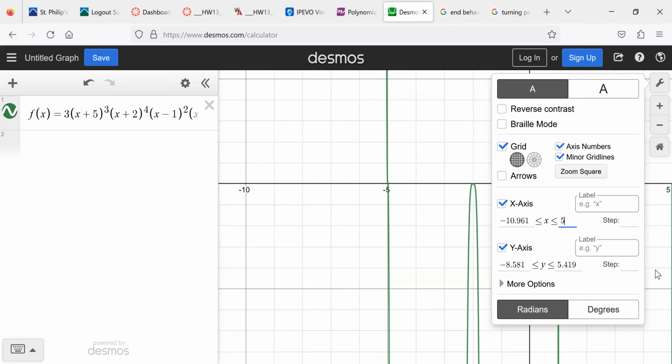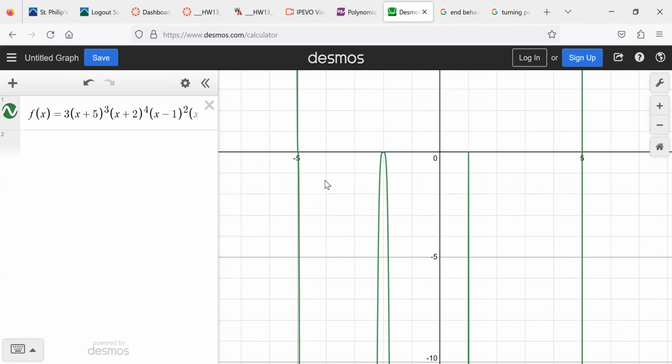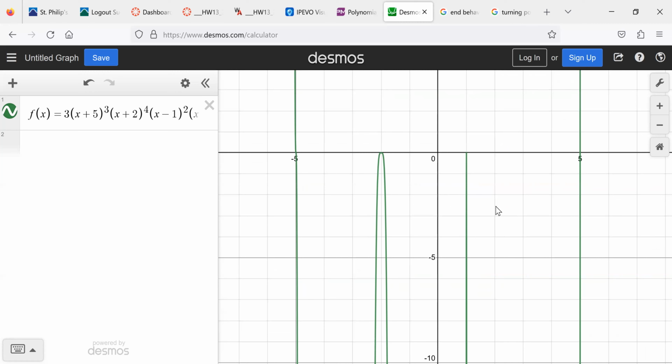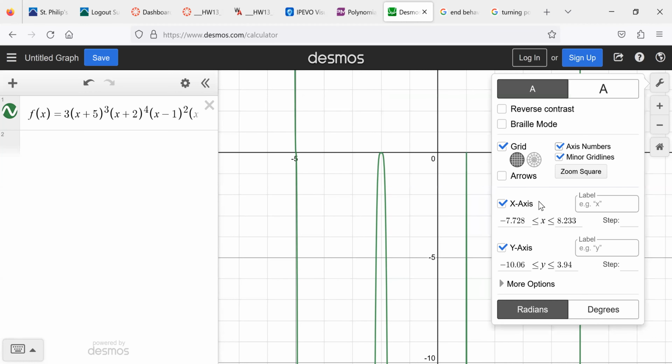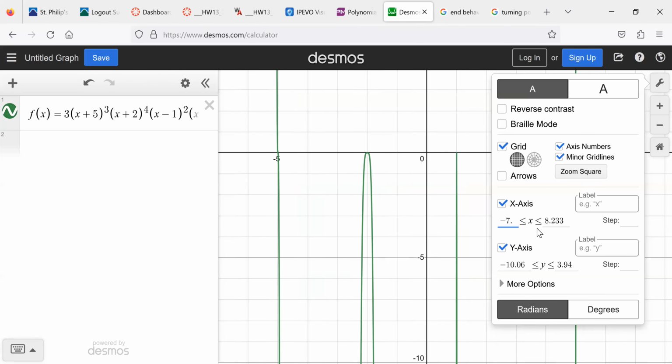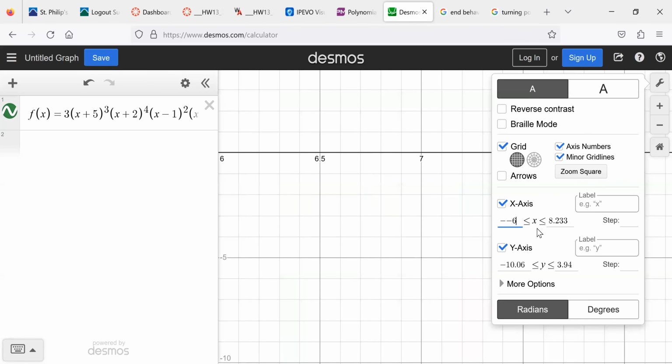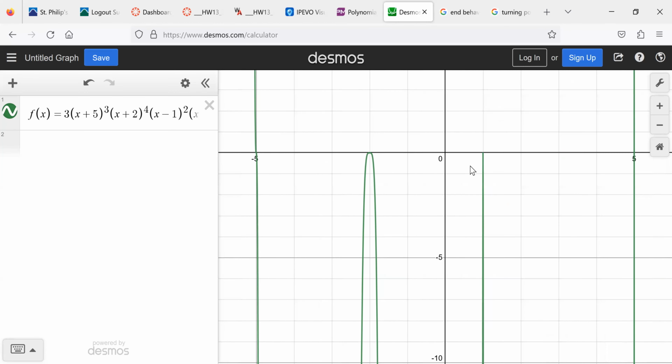Here we go. A little better. Let's see, maybe slightly smaller might be better.